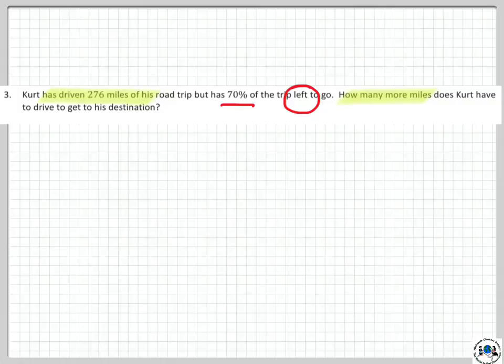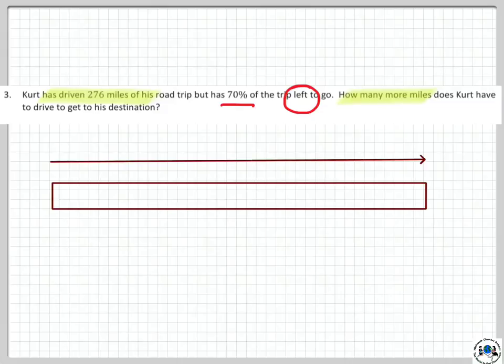Okay, so once again, identifying the whole. All right, so here we go. We have our percentage number line, and then we have Kurt's miles driven box below it.